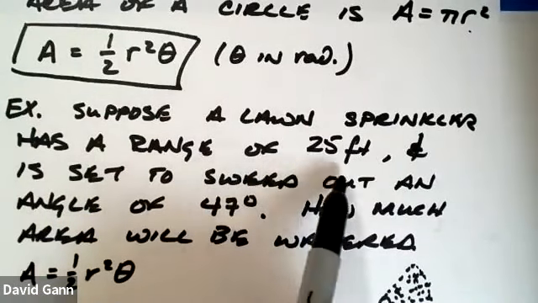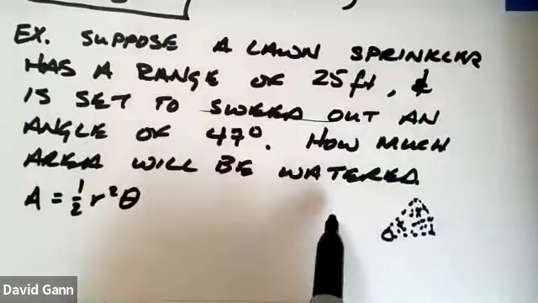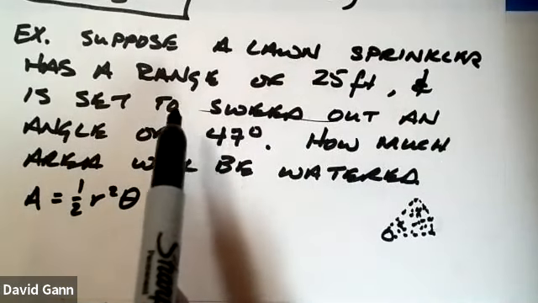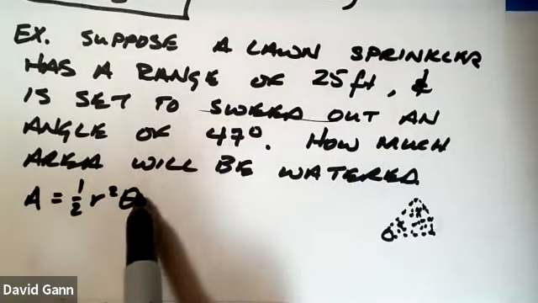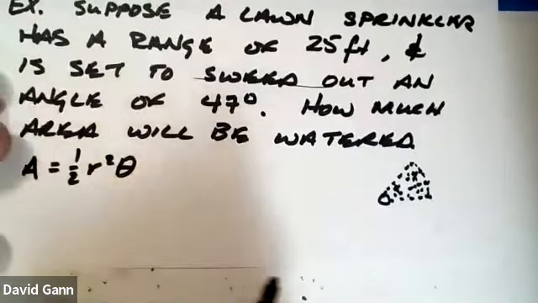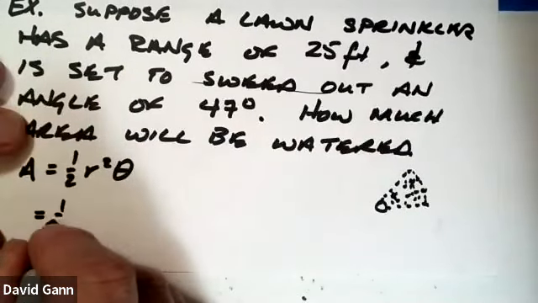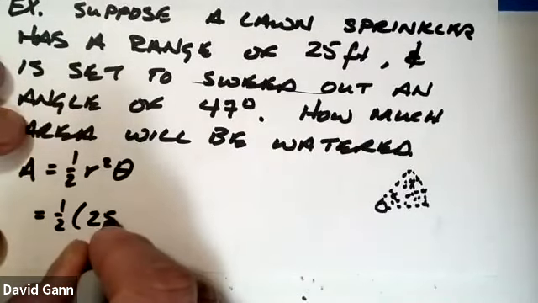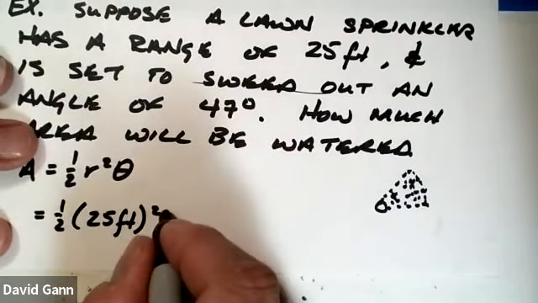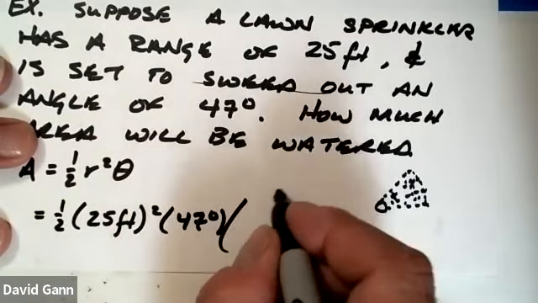Well, it doesn't use the word radius, but this is what this is referring to, is that the radius of this shape is 25 feet. And then the angle, which is theta, is 47 degrees. Notice it's in the wrong units. So to calculate this, we have 1/2 25 feet squared times the angle times the conversion of that angle.